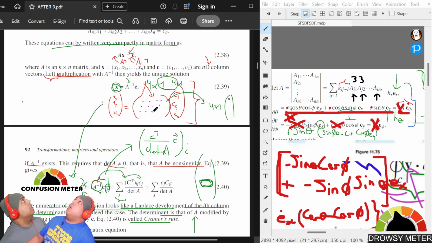To find out this entry, we have to multiply this column with this row by this column. So this times this times this. Yeah, I understand. cj.